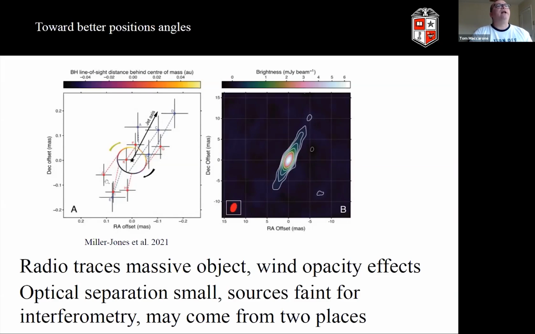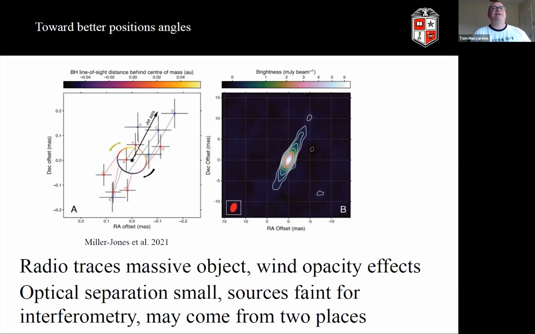So in one case, Cygnus X-1 radio astrometric wobble can tell you something about the orbit, but this is hard to apply to other systems. The radio is tracing the motion of the massive object, which is the black hole. In Cyg X-1, this kind of works because the donor star is more massive than the black hole. But in the low mass X-ray binaries, which are the bulk of the black hole X-ray binaries that we have, the donor star is much less massive than the black hole, so the radio wobble is going to be small.